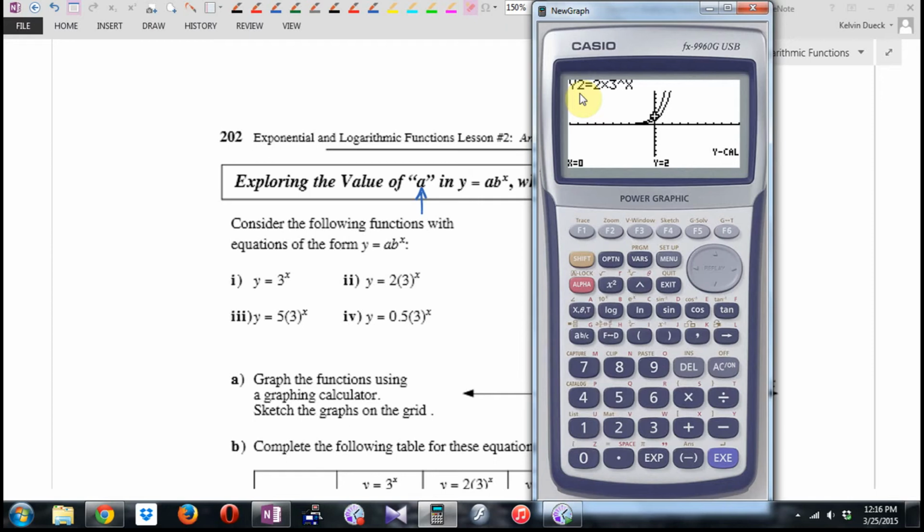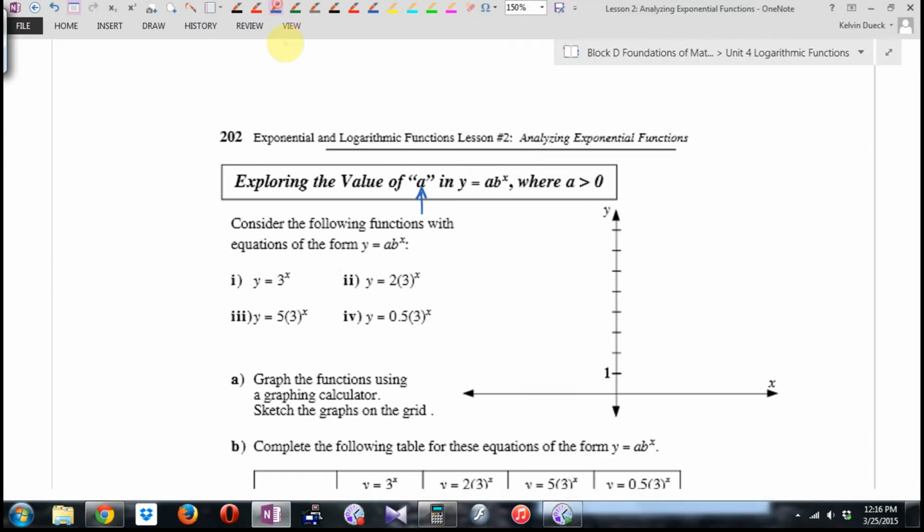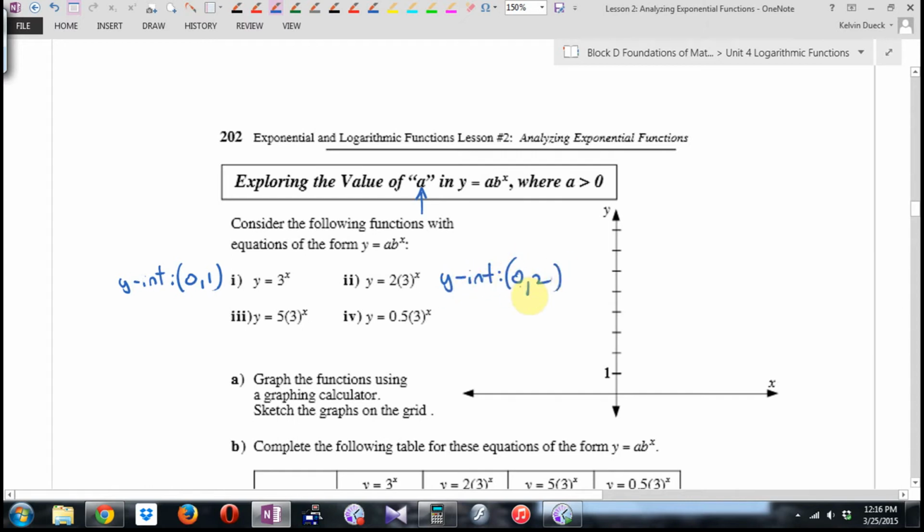We're going to write this down. This one has a y-intercept of 0, comma 1. This one has a y-intercept of 0, comma 2. Have you spotted the pattern?